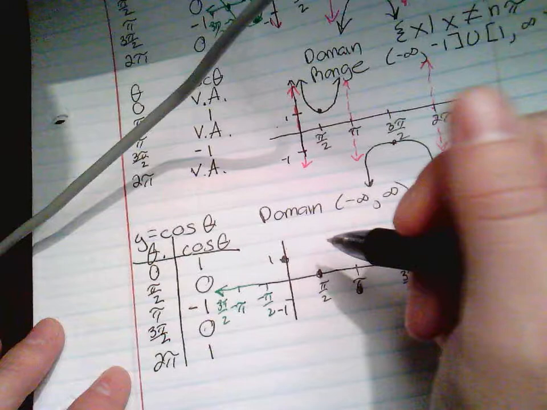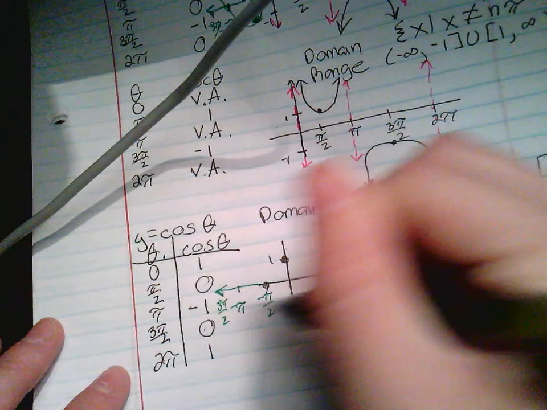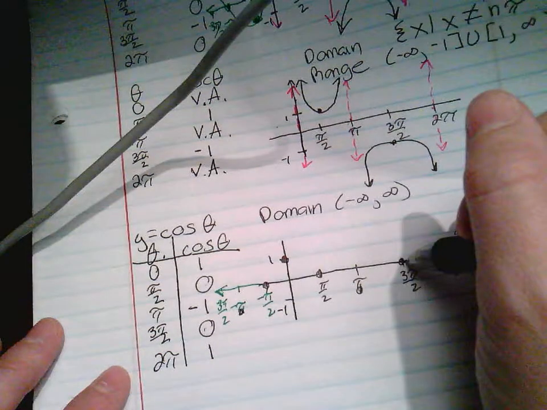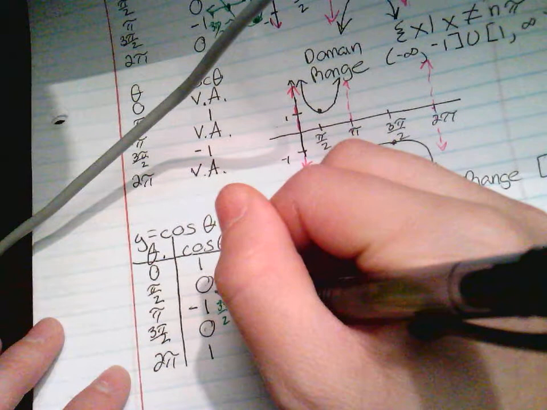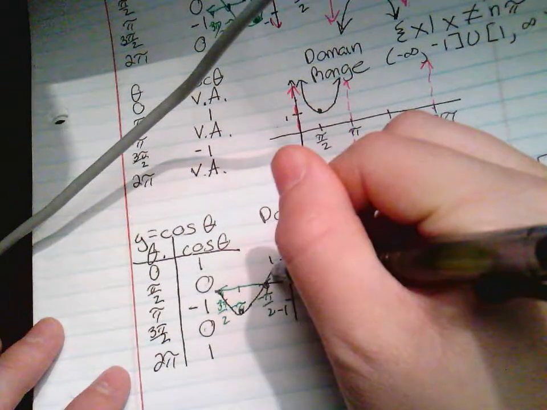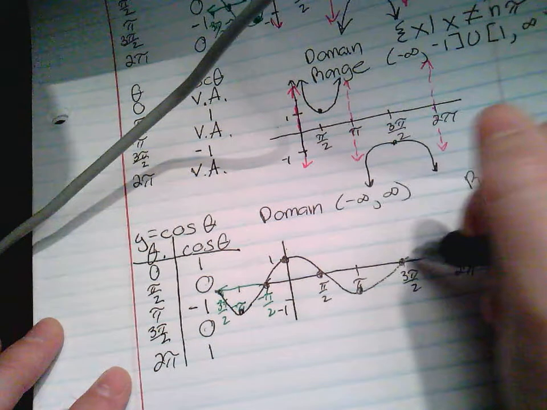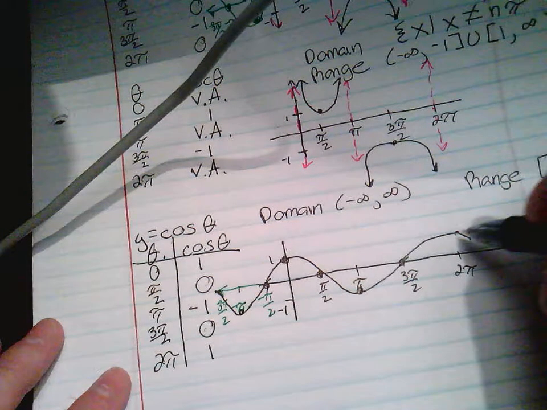If it's -1 at pi, it's going to be -1 at negative pi. If it's 0 at 3 pi over 2, it's going to be 0 at negative 3 pi over 2. Okay, so that's the graph of cosine.